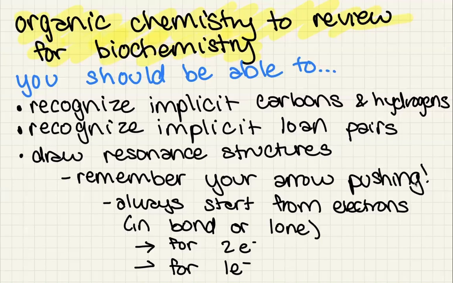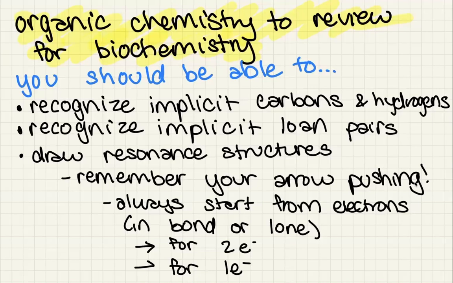In order to do this, you're going to have to remember your arrow pushing, and I love arrow pushing. Hopefully you do too, and hopefully you remember that when you're doing arrow pushing, you're always going to start from the electrons. You're going to start from the nucleophile, move to the electrophile when relevant, and those electrons can be part of a bond, like a pi bond system, or a lone electron pair.